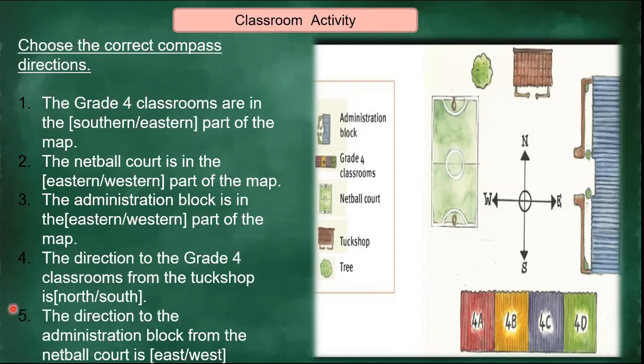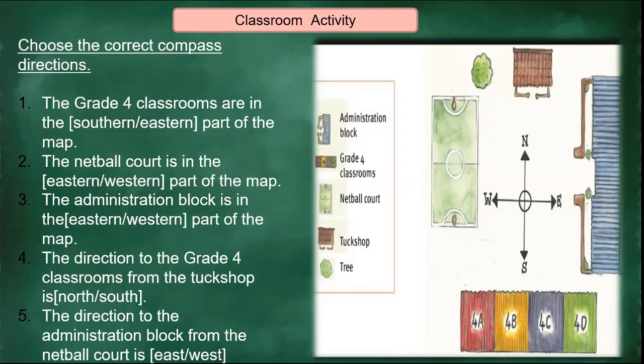Okay, the direction to the administration block from the netball court is east or west? We have Minenhle Dube. Ma'am, I cannot really see the question.